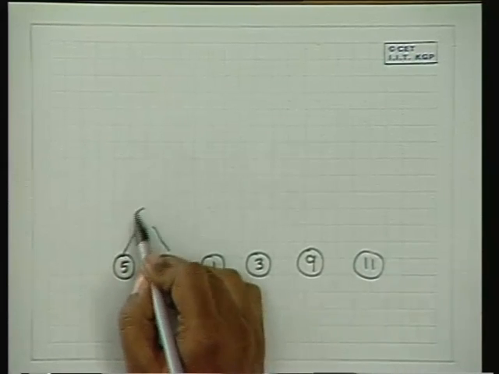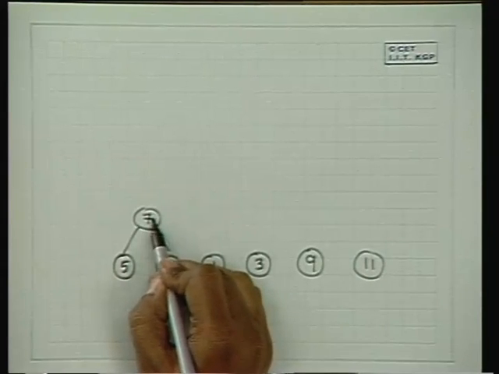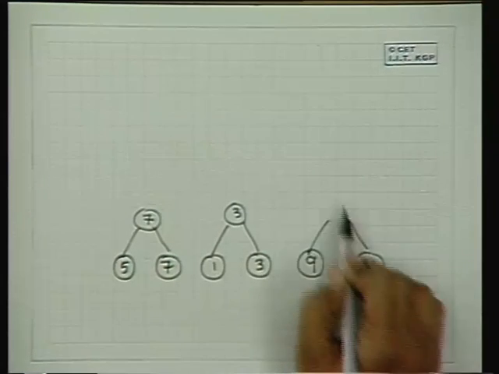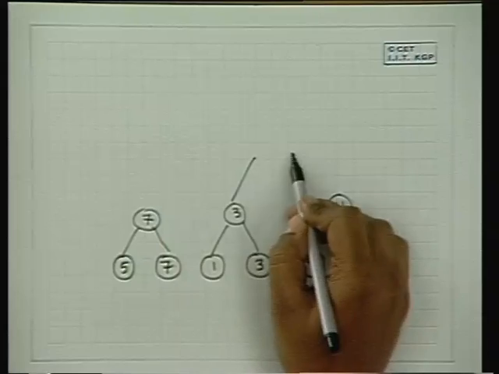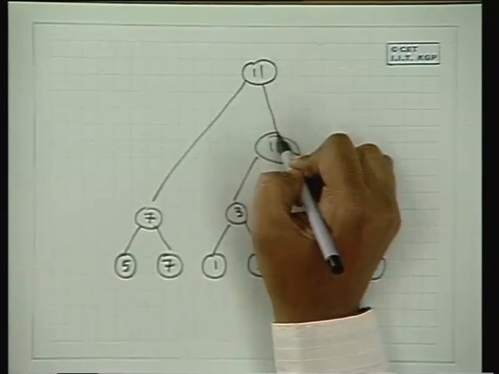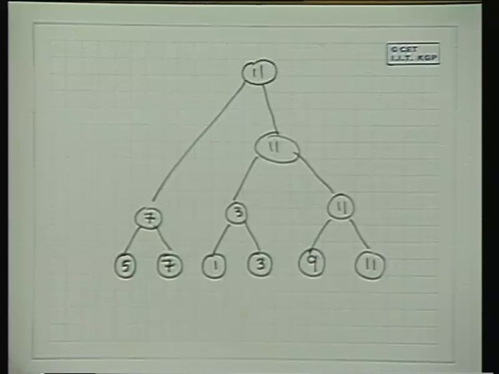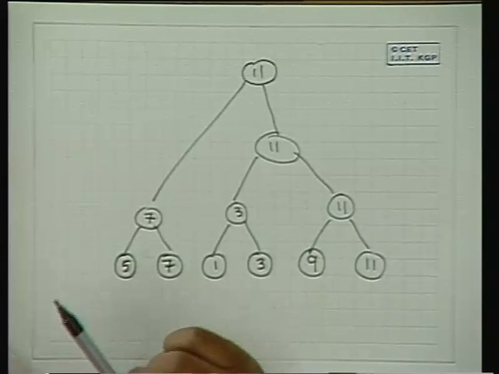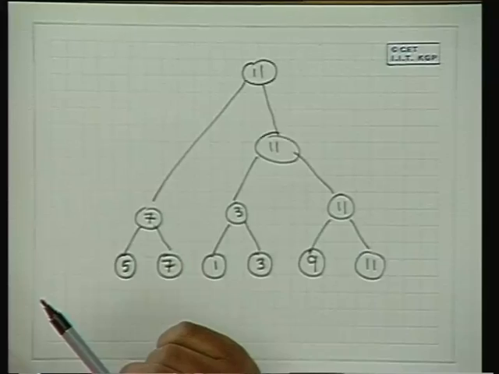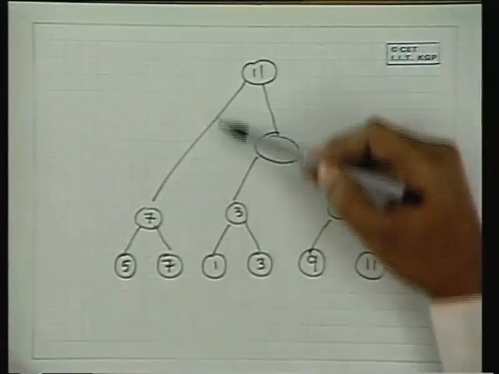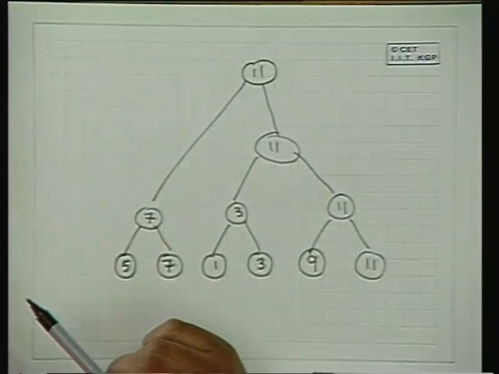Then you compared these two and stored the largest here, compared these two and stored the largest here, and compared these two and stored the largest here. We could store it in an array, but we stored it like this. That is, the nodes were at the leaf and these contained internal comparison operations.